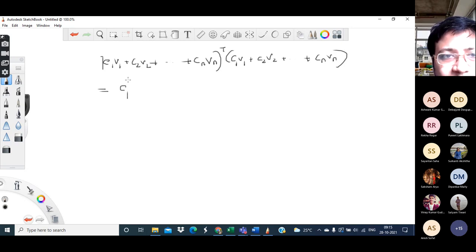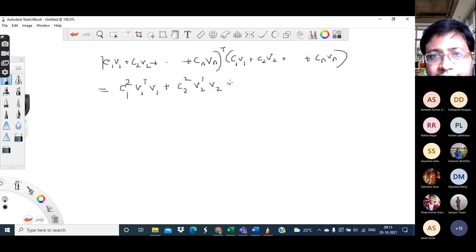I will get C1 square V1 transpose V1, when I am multiplying this with this. Similarly, when I am multiplying this with this, I will get C2 square V2 transpose V2, etc., and finally Cn square Vn transpose Vn.